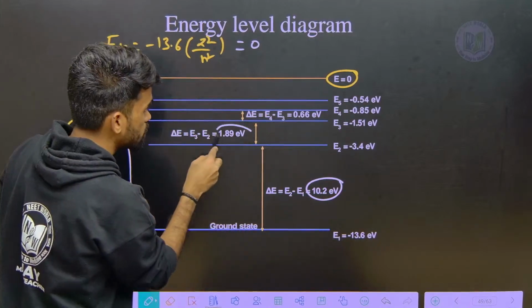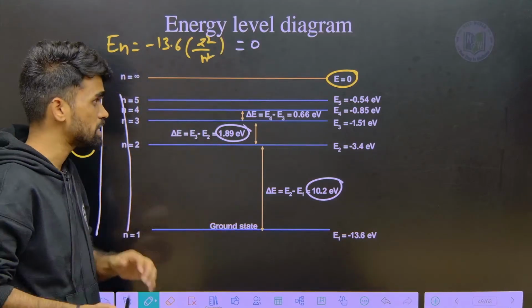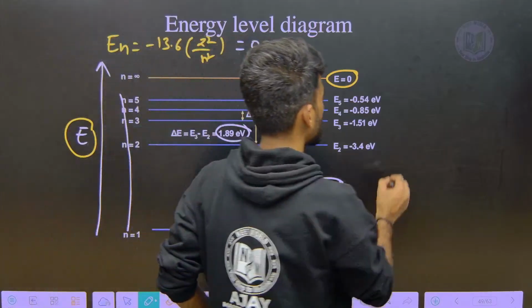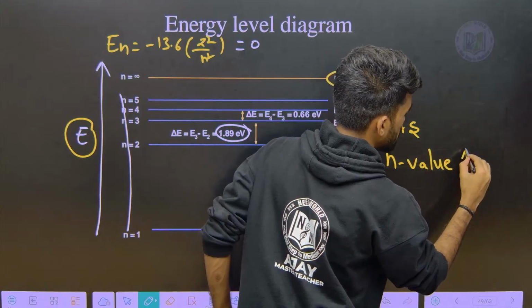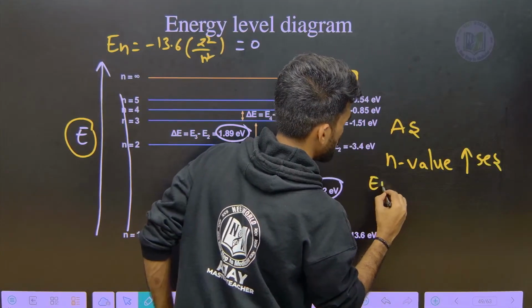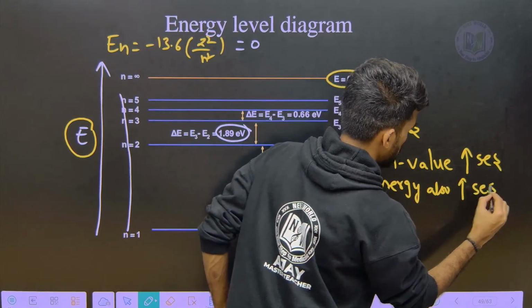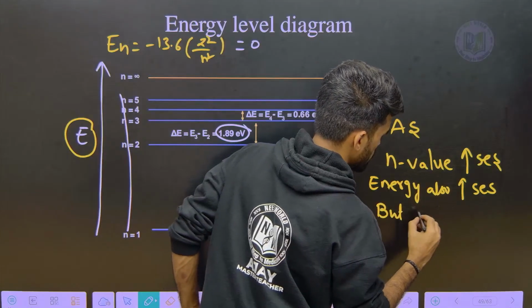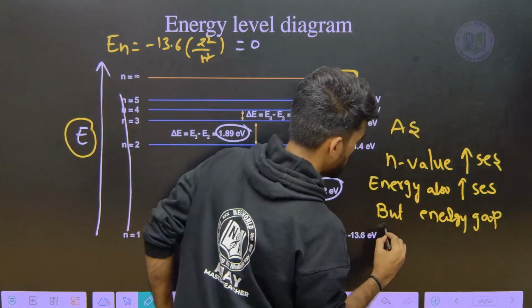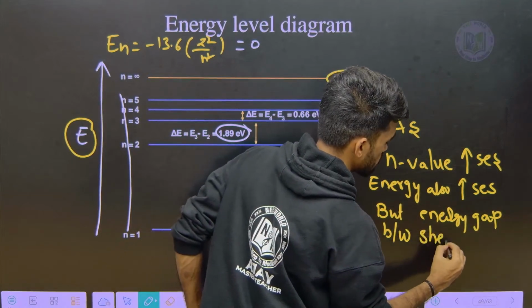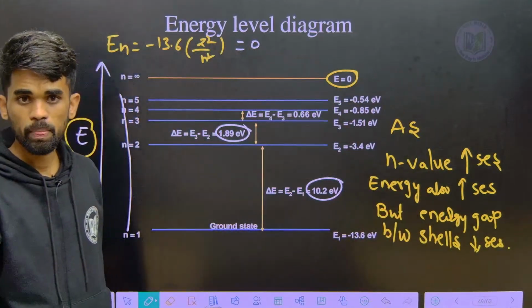The second energy gap is smaller. So as n value increases, energy also increases, but the energy gap between shells decreases. Yes or no? Yeah.